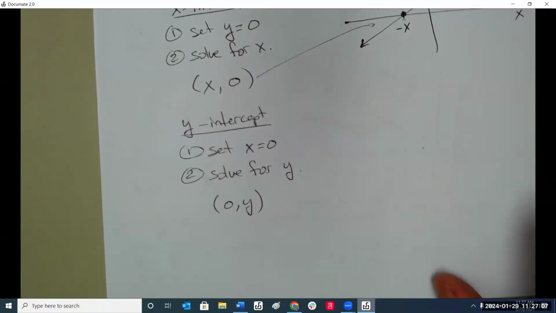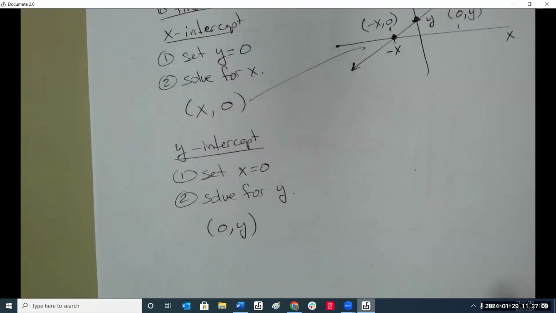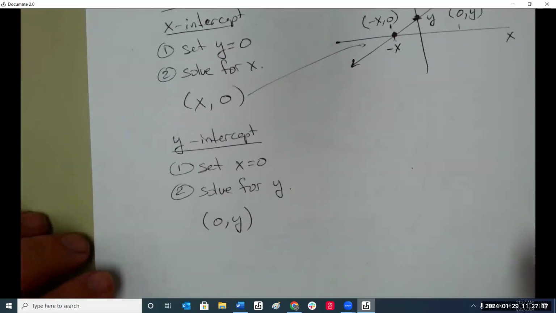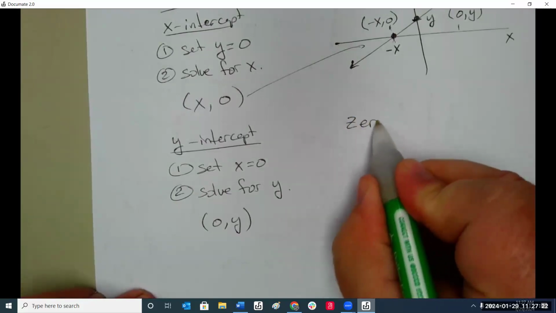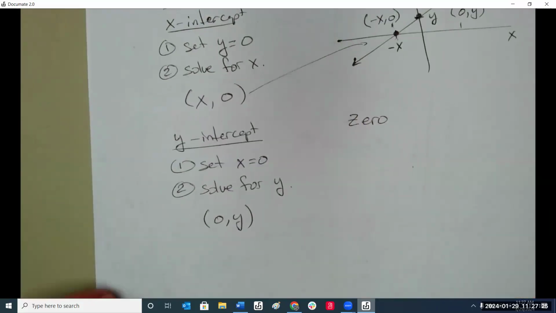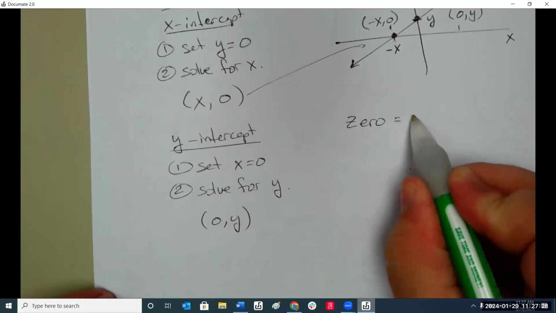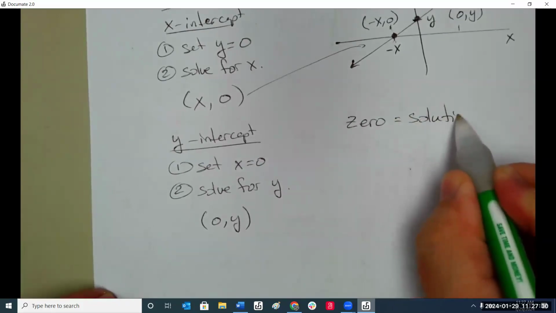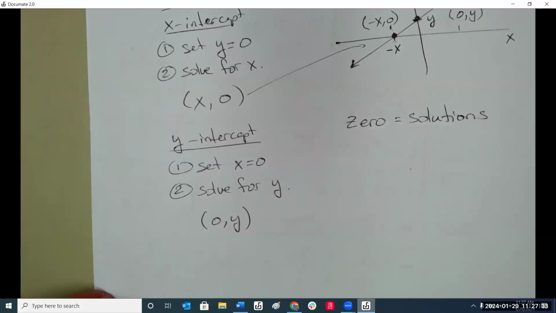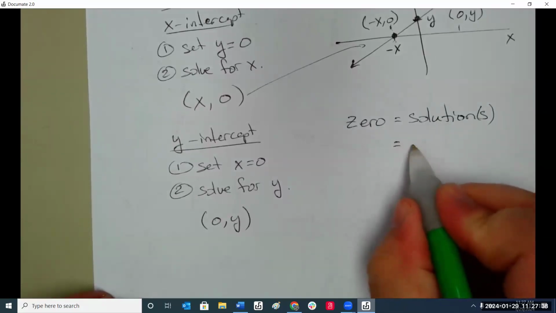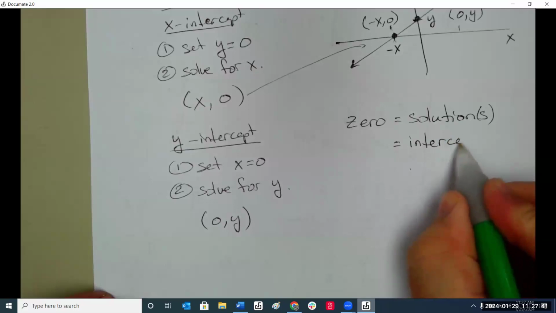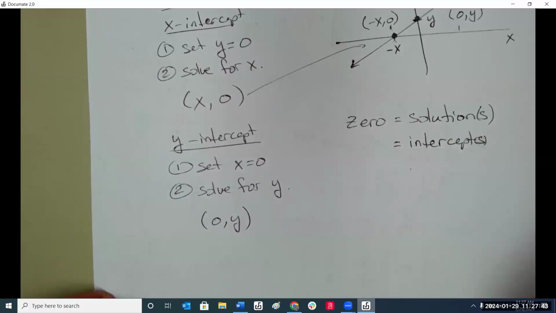Eventually we're going to use the term zeros. We're also going to use the term solution or solutions, which also means the x-intercepts.